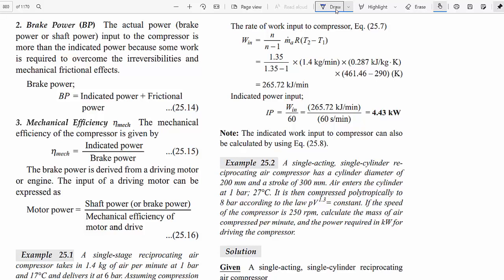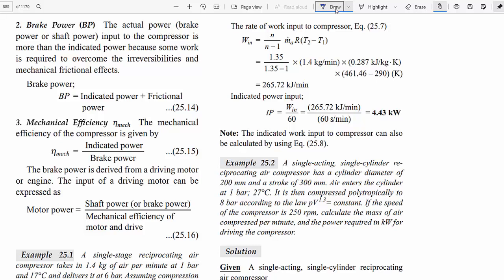The only difference is that K is equal to 1 for single acting and K is equal to 2 for double acting. Construction wise there is a lot of difference between both compressors, but calculation wise the difference is slight.